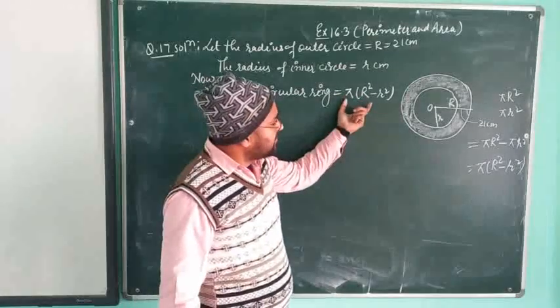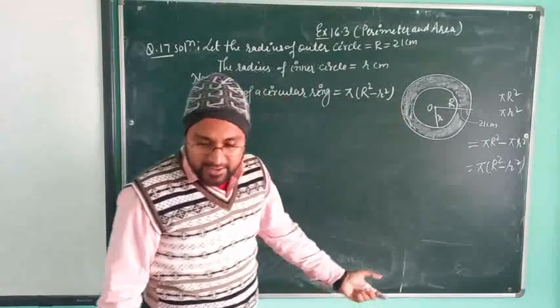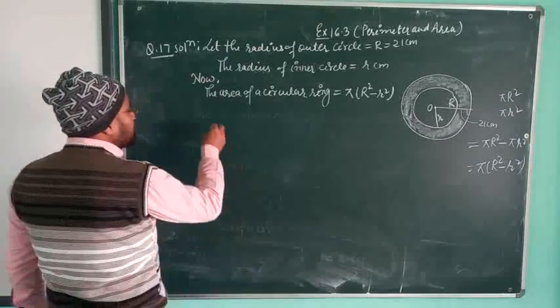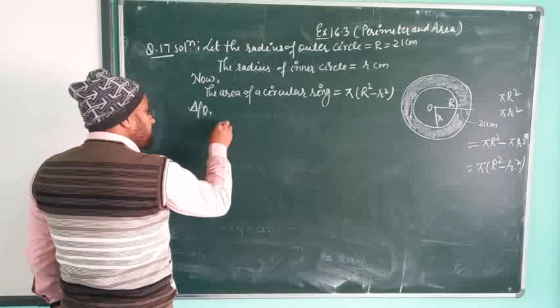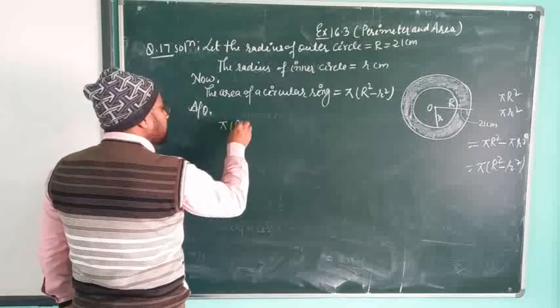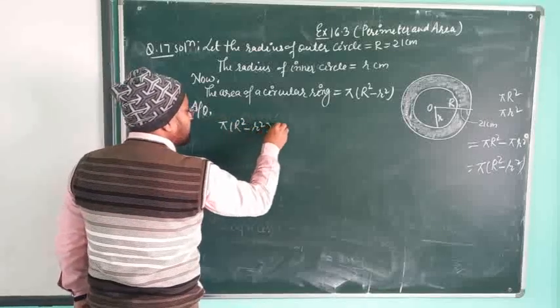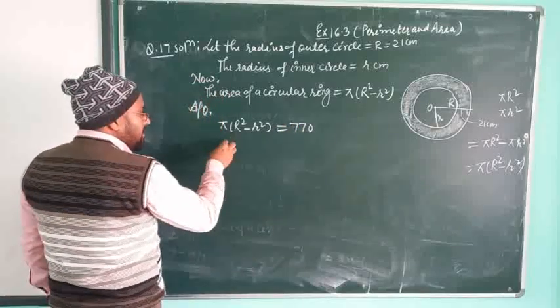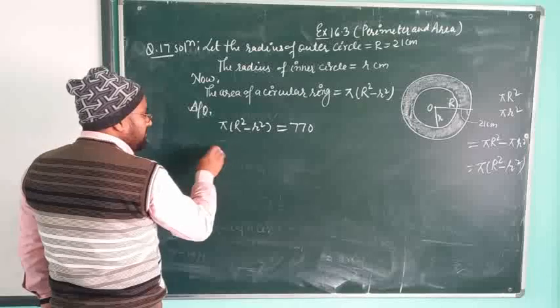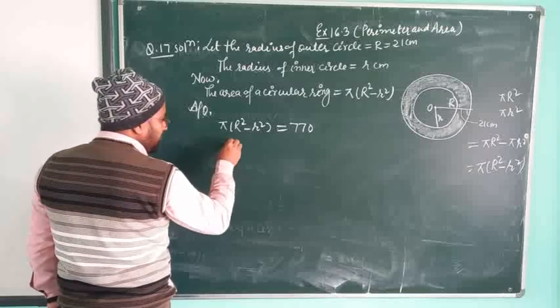This is given, 770 centimeter square. So according to the question, pi capital R square minus small r square is equal to the given 770 centimeter square. I'm going to keep the value of pi here.